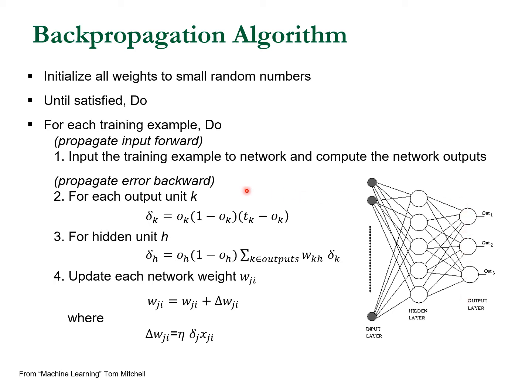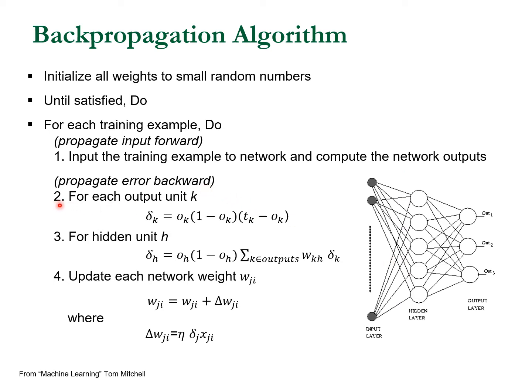Then this error is propagated backward from the output layer to the input layer. Along the way, we update all these weight values. That's what we do here in the backward phase.